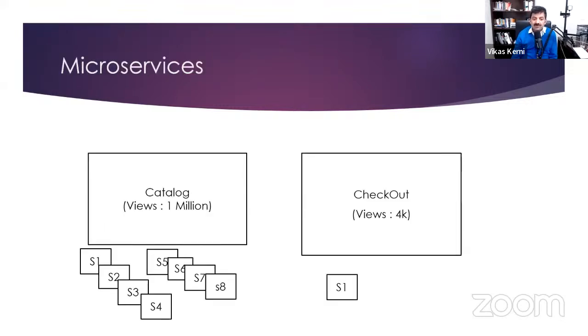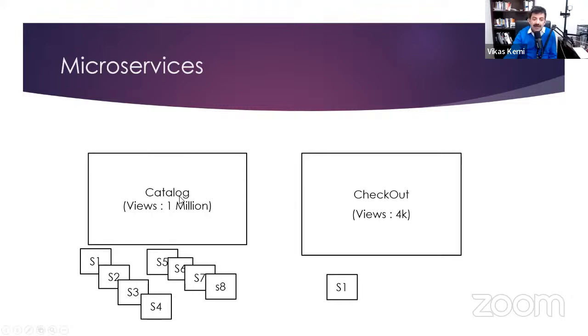So in the microservices world, how do you do it? In microservices, you build small applications. Say you have an e-commerce website. In the e-commerce website, you have a catalog and there's a checkout. Chances are a lot of people are going to come to the catalog, check things out, see things.